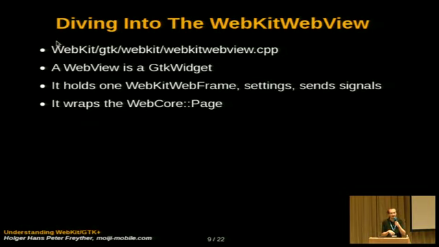Every frame can have a tree of child frames, thanks to the frame element from HTML. And so the WebKitWebView in our port is responsible to give users of our library a way to easily embed an HTML component.